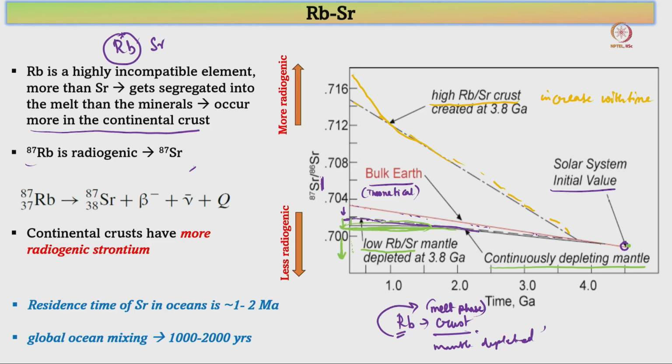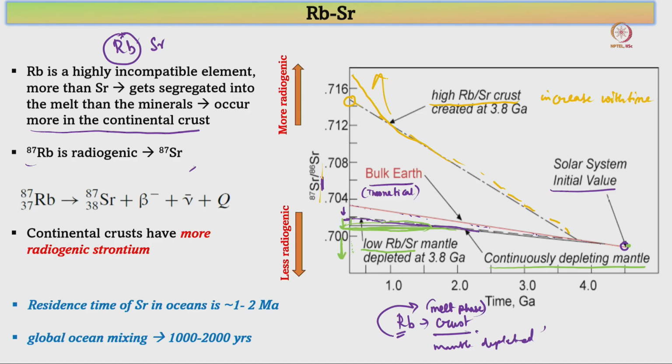But what happened was, there was a differentiation event and my crust and mantle got separated, and when that differentiation happened, my crust started having high rubidium by strontium ratio, and because now my crust has high rubidium by strontium ratio, my 87 strontium by 86 strontium of my crust was also high, and it is going to increase.